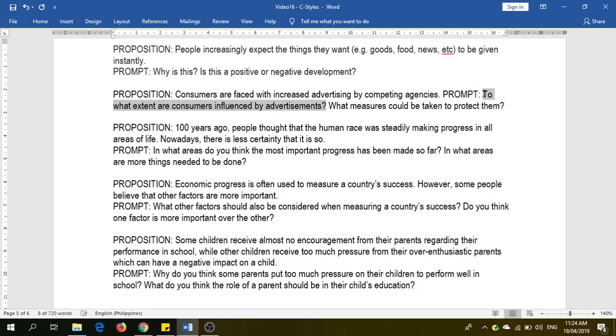So in this particular prompt, if the student is trained under the methodology that we've been discussing in these videos, then we now can infer that we can argue that some people are influenced by advertisements, some people are not influenced by advertisements, and then you cross over to the other side wherein you say that some consumers are indeed influenced by advertisements, and therefore there are certain measures that could be taken to protect them.